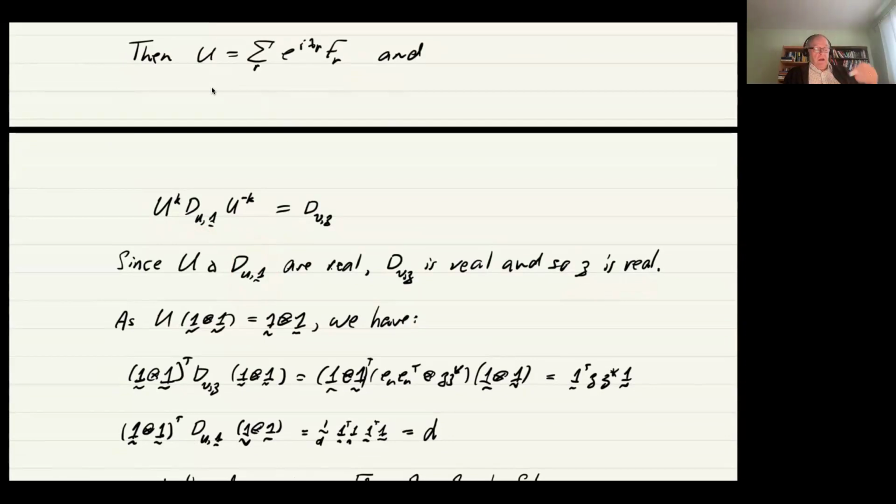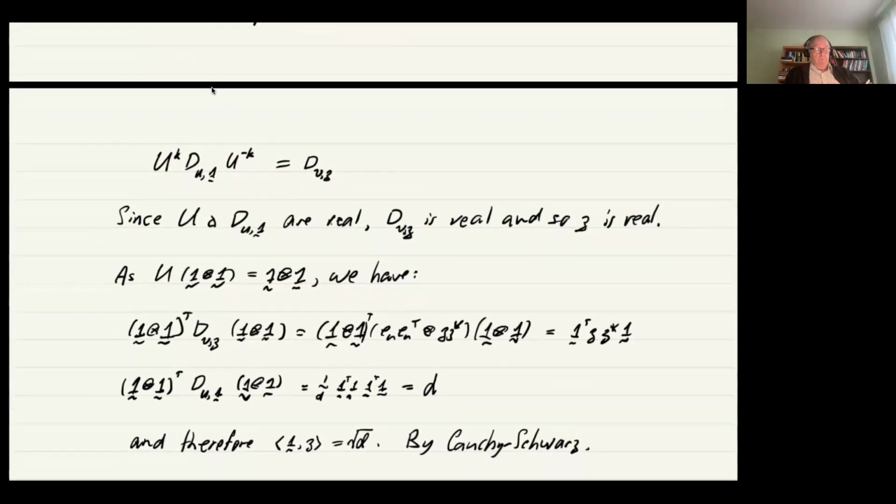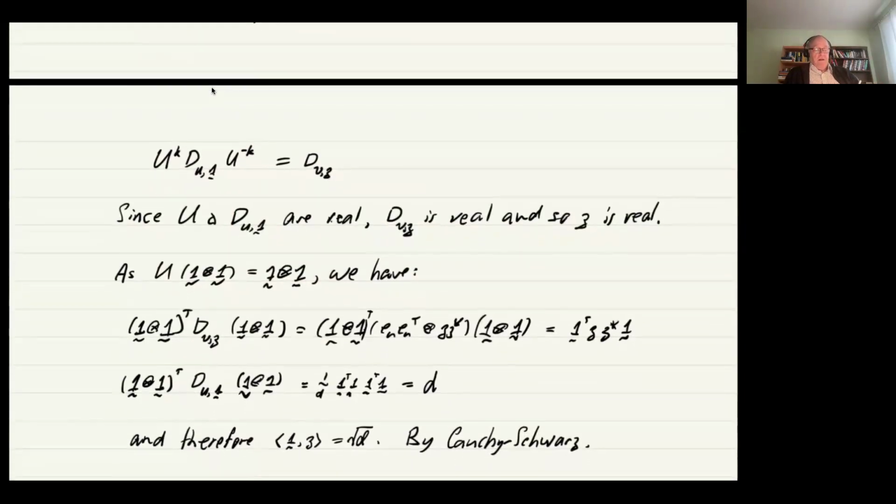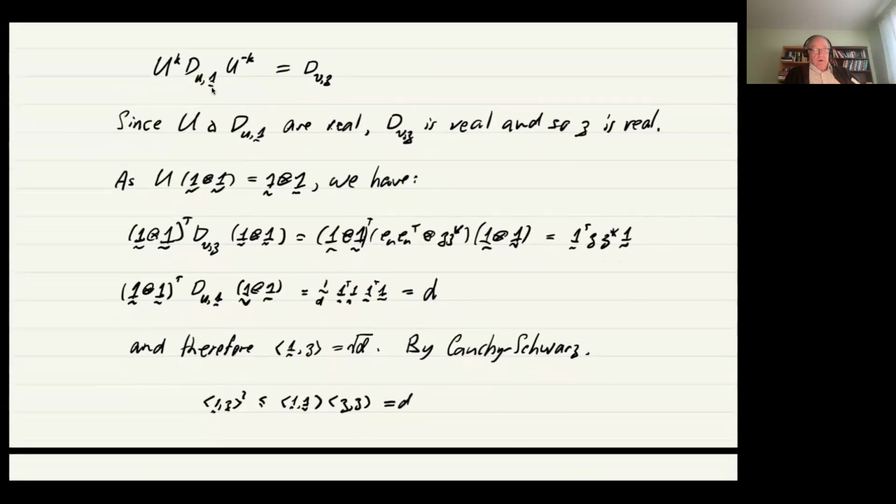Now the all ones vector is an eigenvector, it's fixed by U. And so we do a quick calculation. I don't think I'll go through it, but we have these two expressions. So what we're doing is computing the sum of the entries of D_v z and D_u 1.